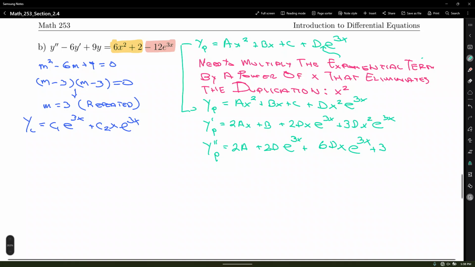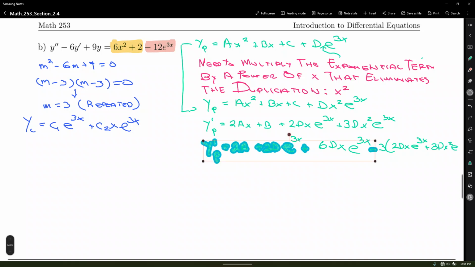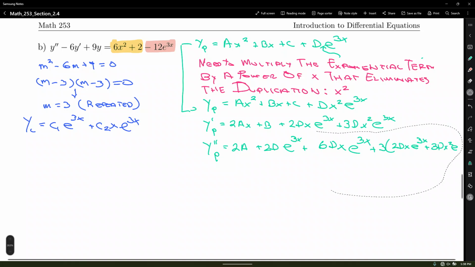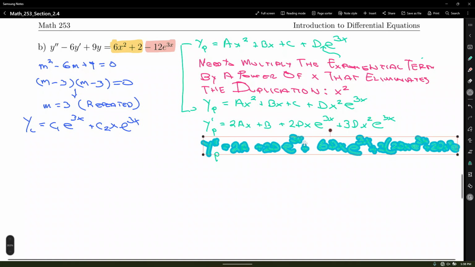That is 3 times these two terms: 2dx e to the 3x plus 3dx squared e to the 3x. Make some room. Oh no.